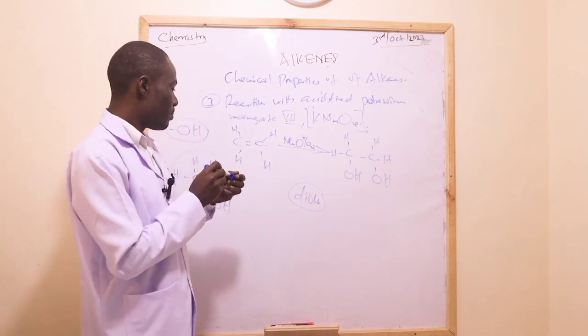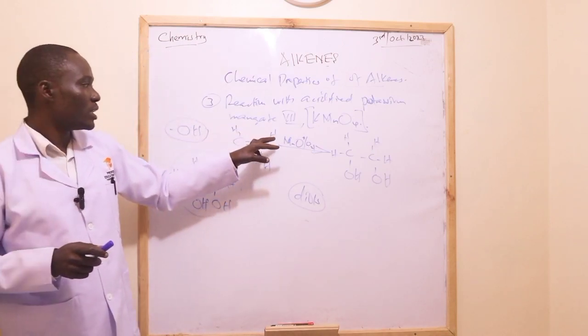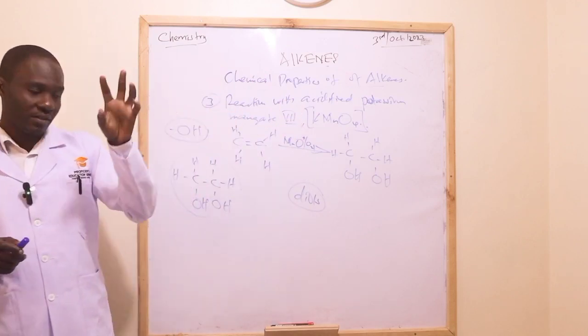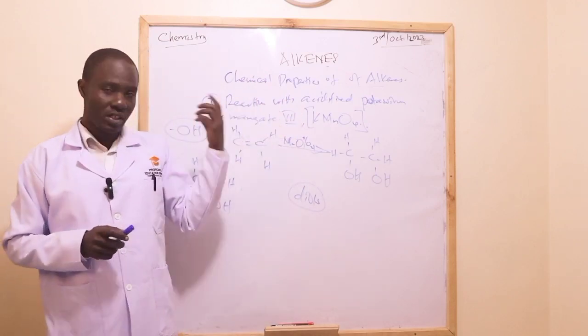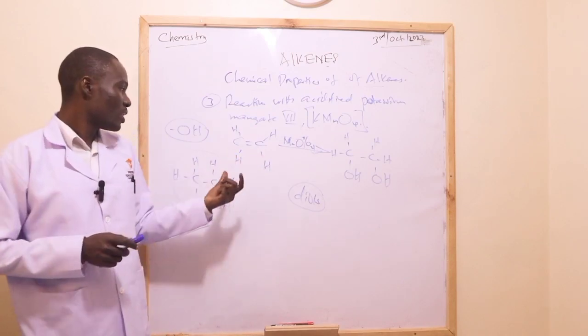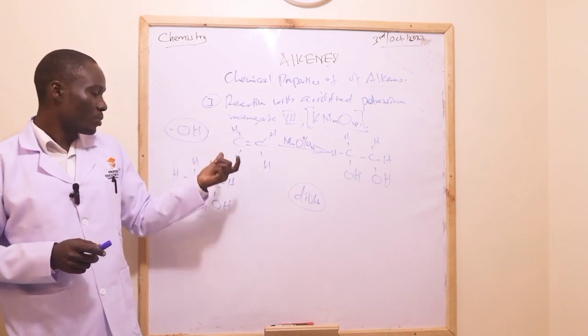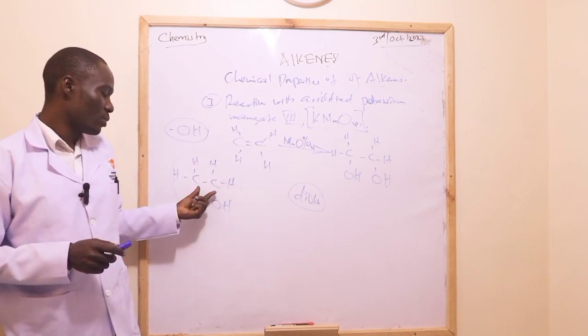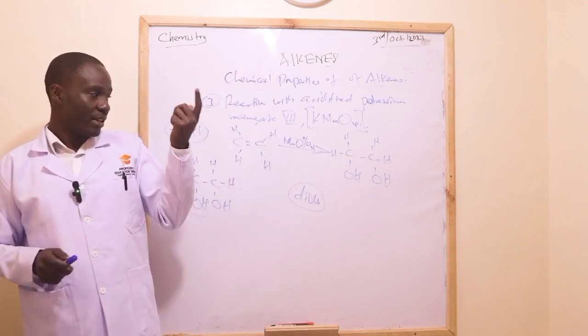It therefore implies that should we add the acidified potassium manganate(VII) onto the members of ethene, there will be oxidation, so there will be donation of the hydroxyl groups, two of them, attached onto the alkene.